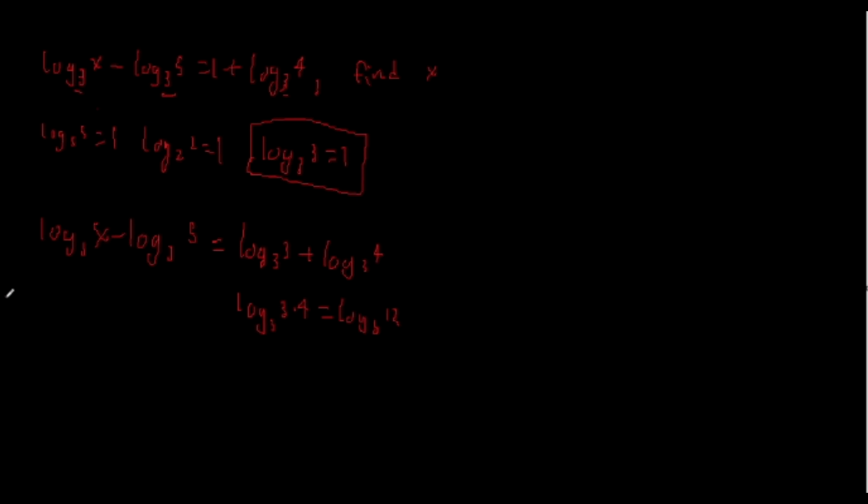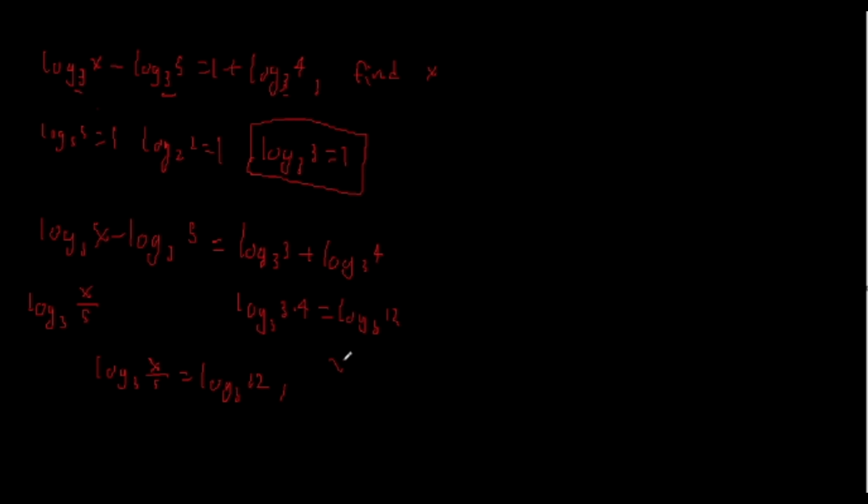On the left side, we're going to have log base 3 of x divided by 5. And so then, let's just write it all together: log base 3 of x divided by 5 is equal to log base 3 of 12.